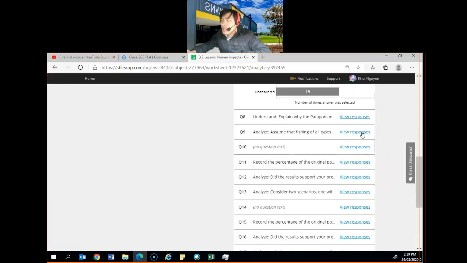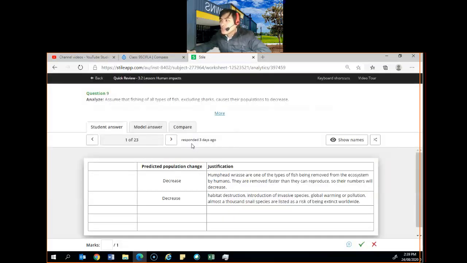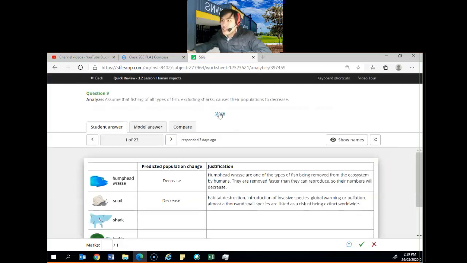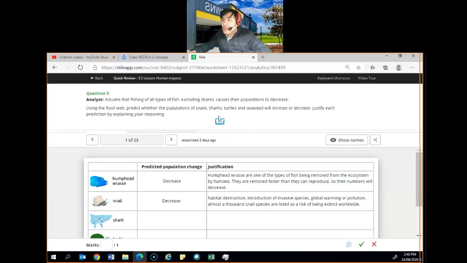So question 9 here, analyze. Assume that fishing of all types of fish, excluding sharks, causes their population to decrease. Using the food web, predict whether the populations of snails, sharks, turtles, and seaweed will increase or decrease.